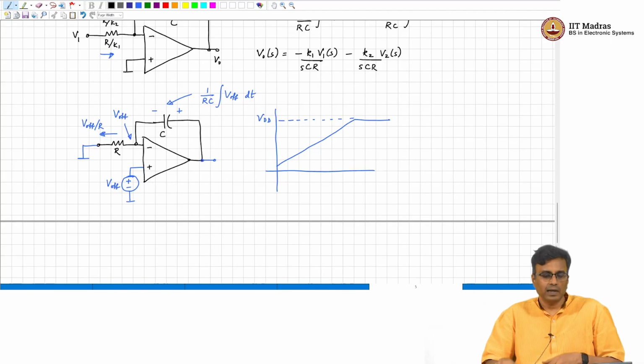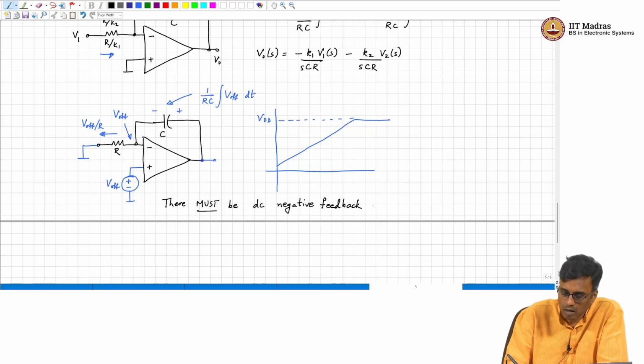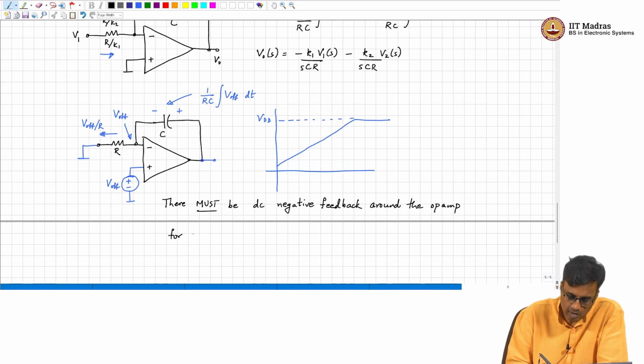So, there must be DC negative feedback around the op amp for it to have high gain, which is equivalent to the virtual ground, virtual short being applicable and so on.